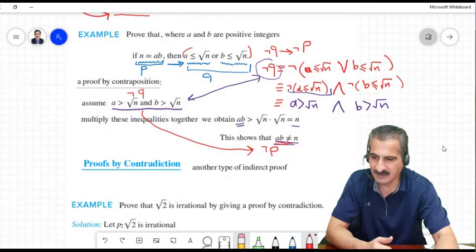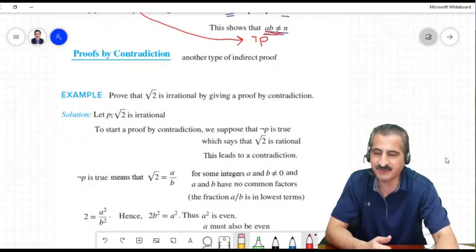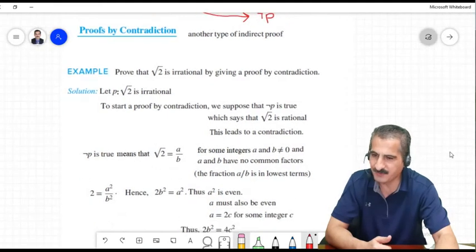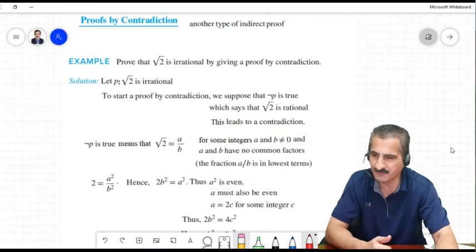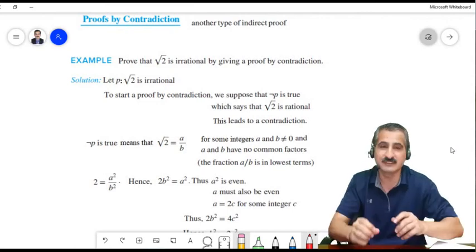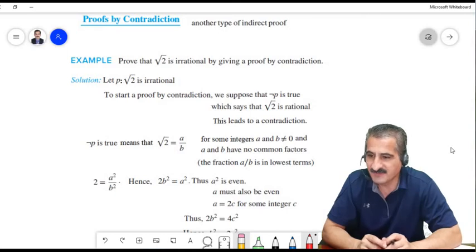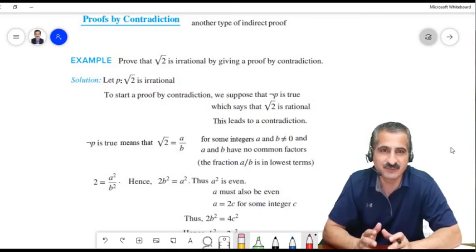Okay. Another kind of proof is proof by contradiction, and it is a very powerful way of proof, and it is not easy to construct actually. The best way to introduce it is just to work an example on it.